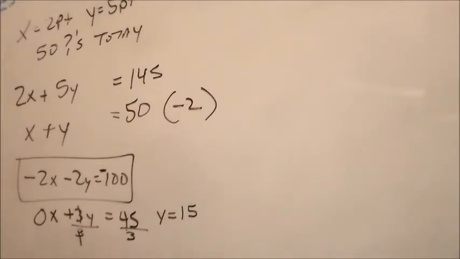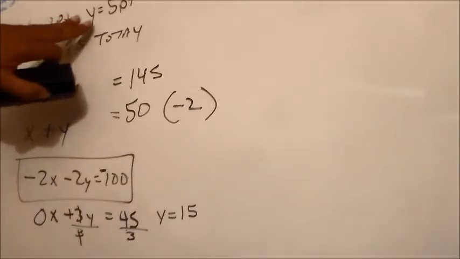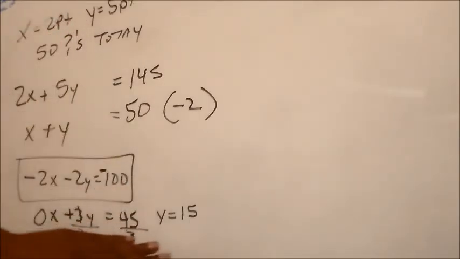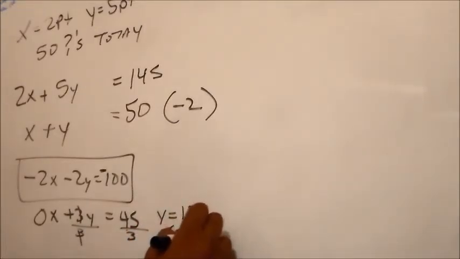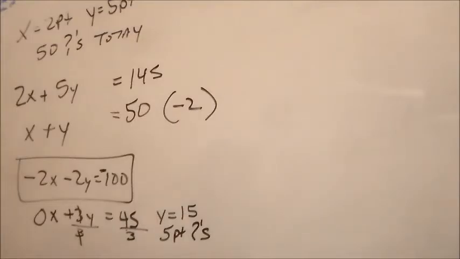Alright, so already at this point I know how many 5-point questions I have. Alright, I have 15 5-point questions because I go back here. X represents the 2-point questions, y equals the 5-point questions. We found y. 15 5-point questions. Alright, so we have half our problem.